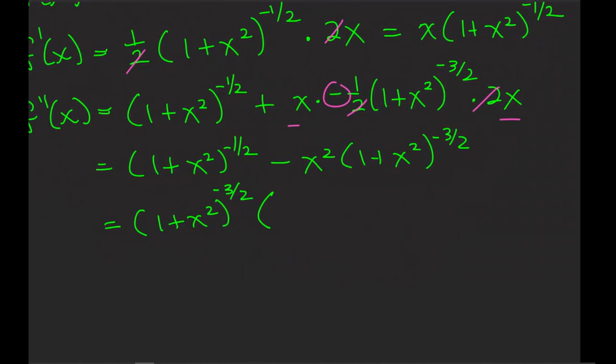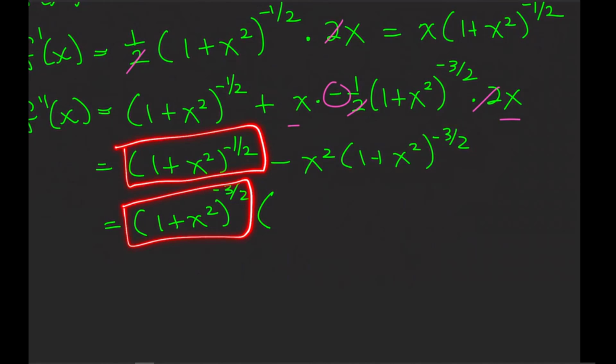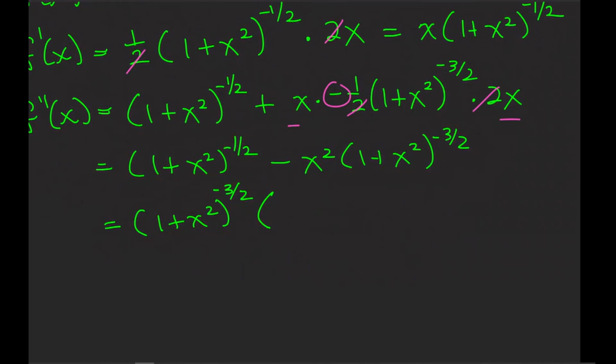Here's why. If I divided this whole quantity right here, this 1 plus x squared to the negative 1/2, and I divide it by that same thing to the negative 3/2, what would go here? Remember what happens when you divide exponents? When you divide something with the same base, you subtract the exponents.